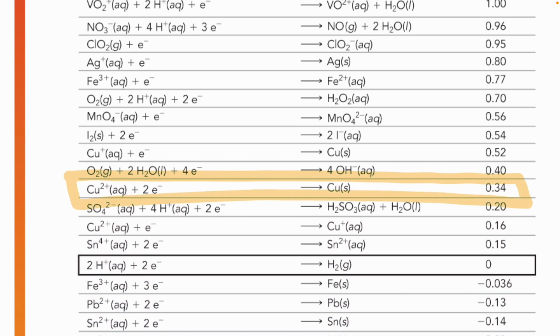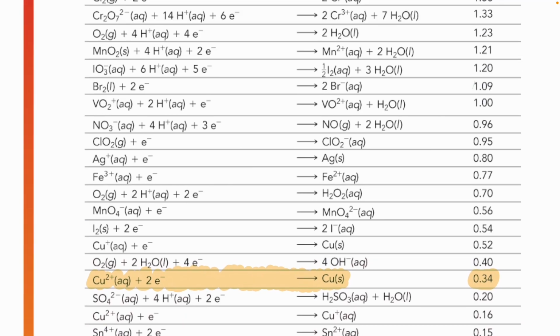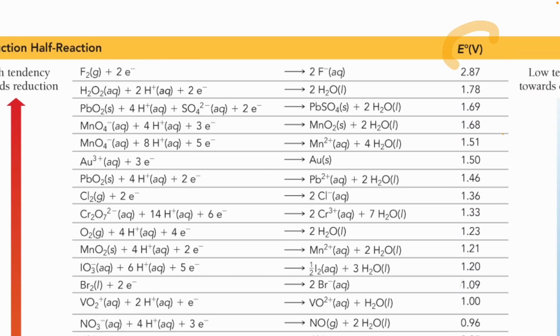Okay, so let's just look at one of these entries here. What's listed on this table is a bunch of half reactions. And then we're going to be using this table quantitatively, so on the other side we have this numerical value here, and this corresponds to that potential that we were talking about.